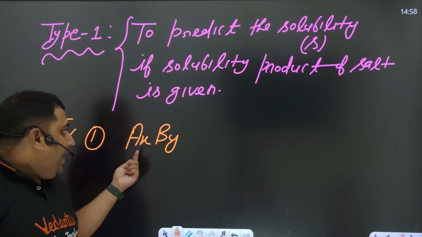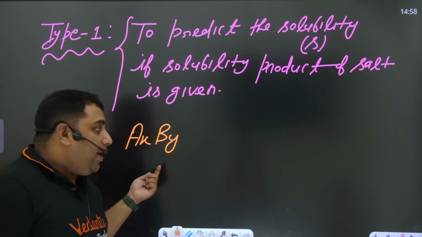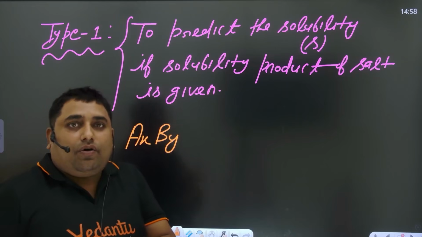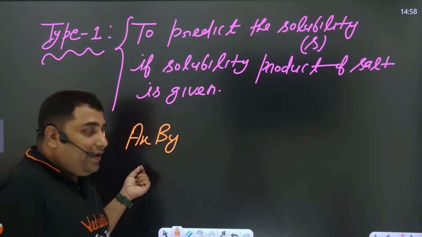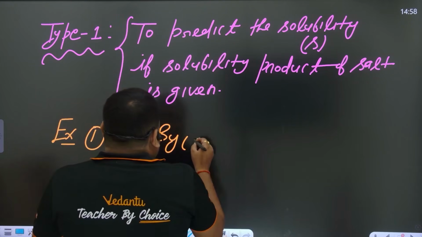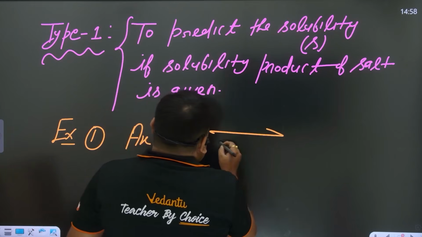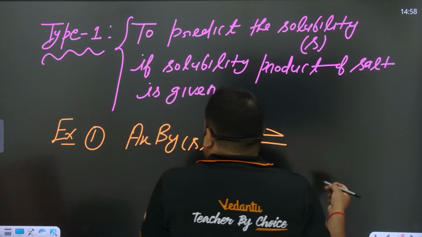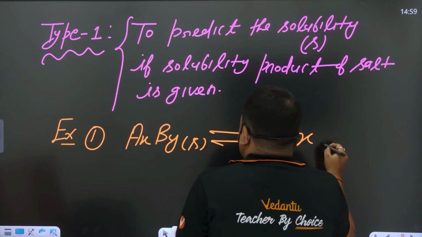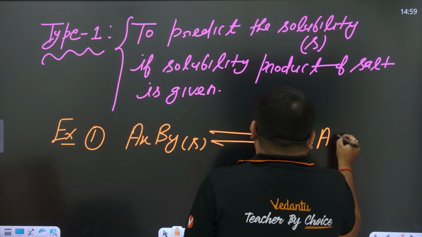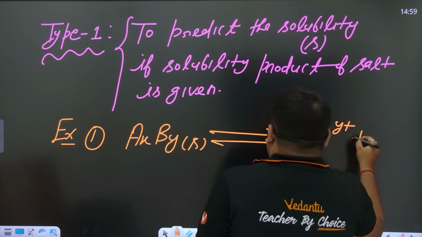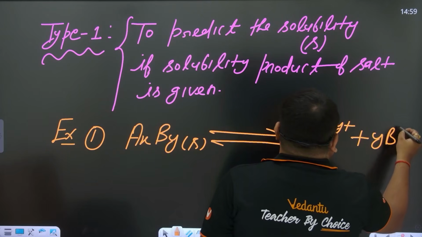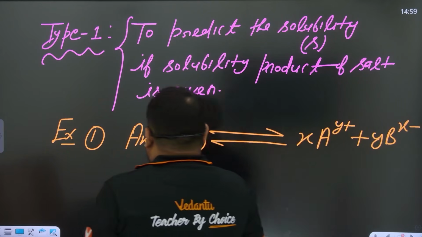Here x and y are variables, but for a particular salt these are numeral values, right? So if this salt is put into water, then it gives these ions, A to the y positive and B to the x negative.